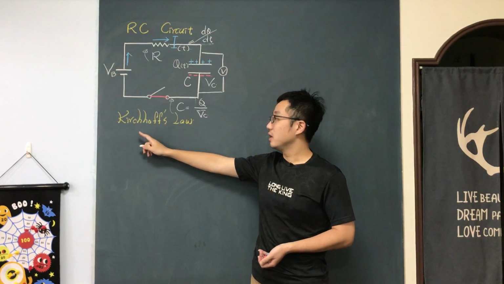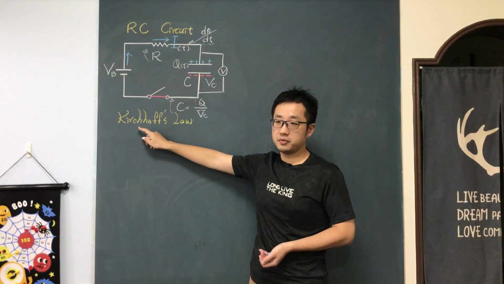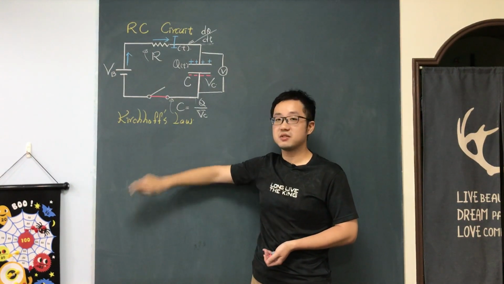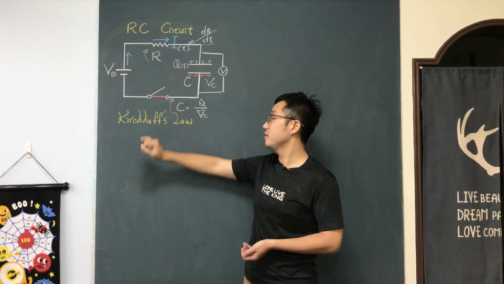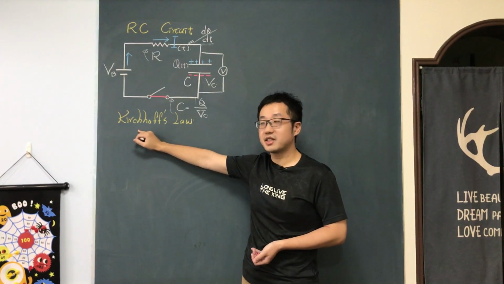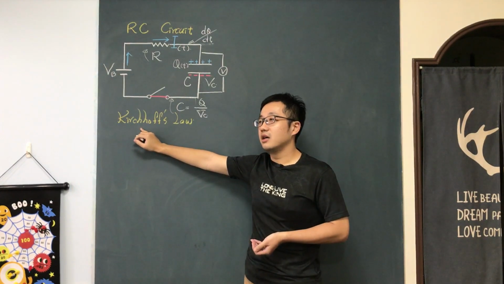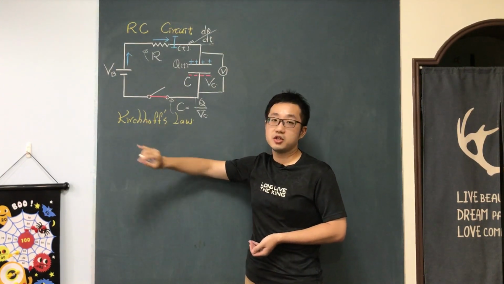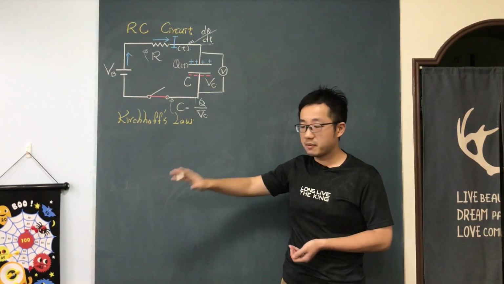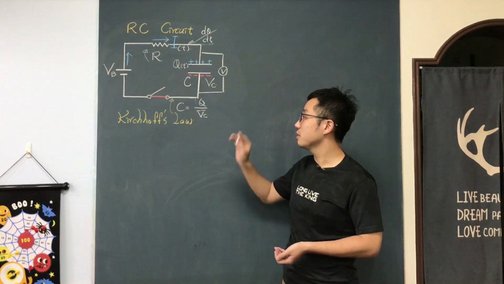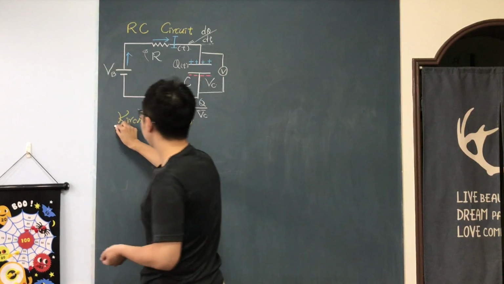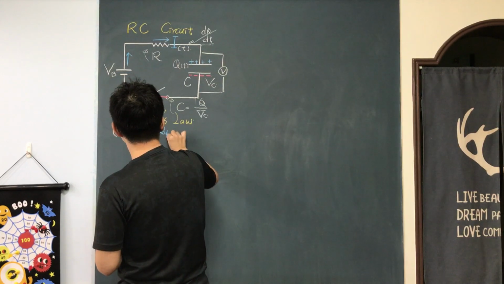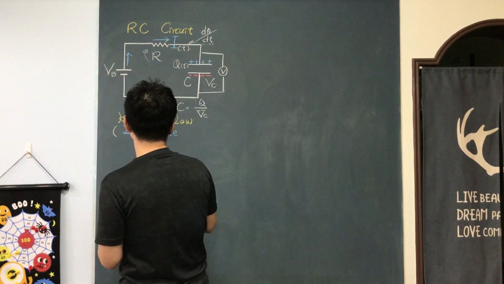American English speakers pronounce it one way, but actually Kirchhoff is German, so in a more German style you would pronounce it differently. In my mother tongue, it is 克西赫夫定律. But if the pronunciation really bothers you, just forget about the name. I'll simply write it down as the loop rule. This is simpler and more direct.